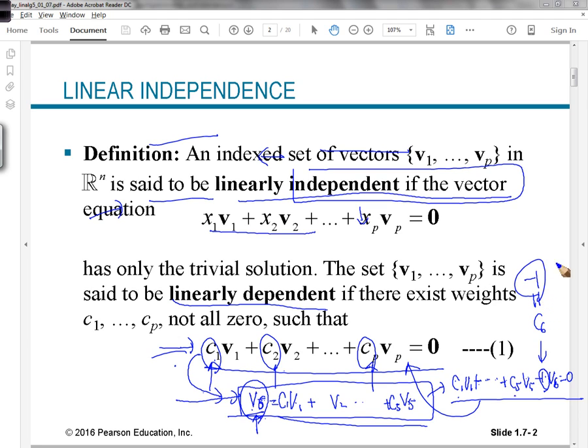Is this 0 or not? This is not 0, right? So this equation is equivalent to having the same linear combination coefficients C1 through C5, setting C6 as minus 1, and the rest of them also 0, right? So in that case, the two equations become the same, right?